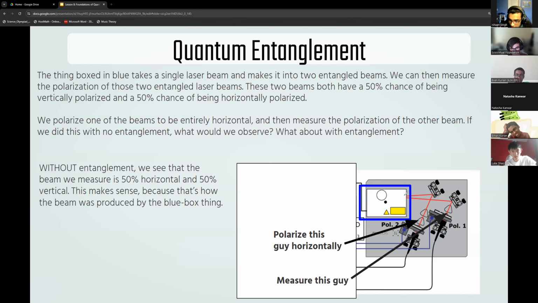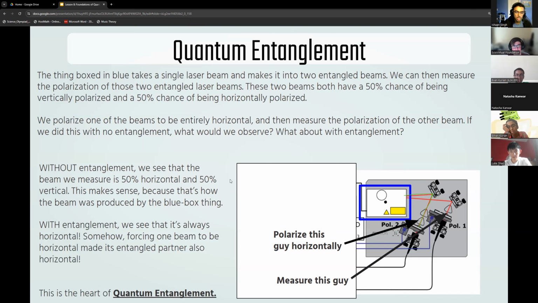Somehow, when we polarize this beam that I'm outlining in green fully horizontally, the other beam also gets horizontally polarized, even though we're not doing anything to that beam directly. That's because these beams are entangled. That is the basis of quantum entanglement. Somehow, forcing one beam to be horizontally polarized made its entangled partner also horizontally polarized.